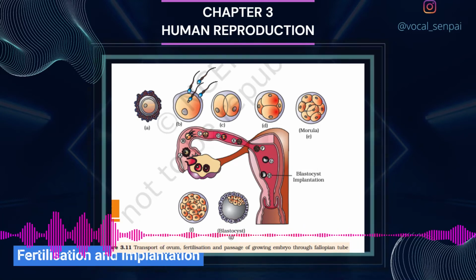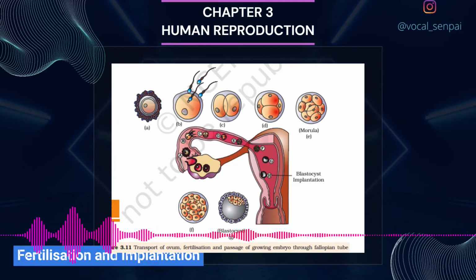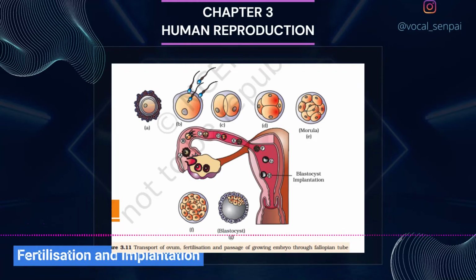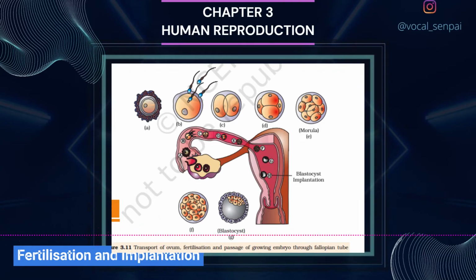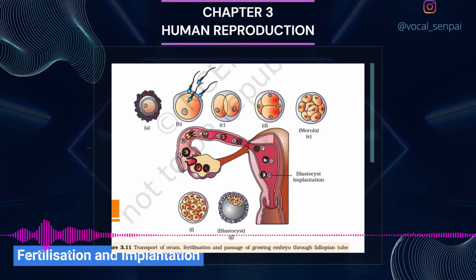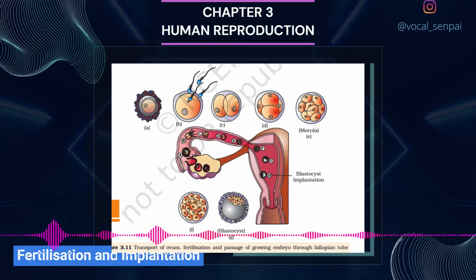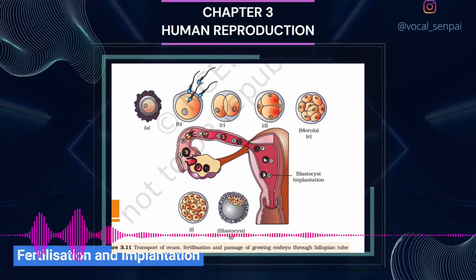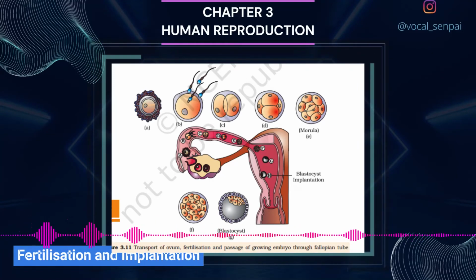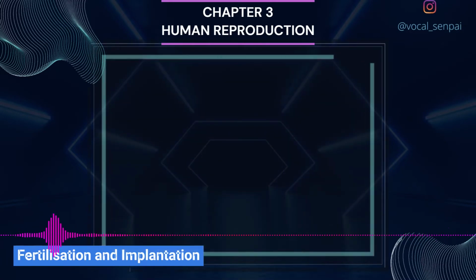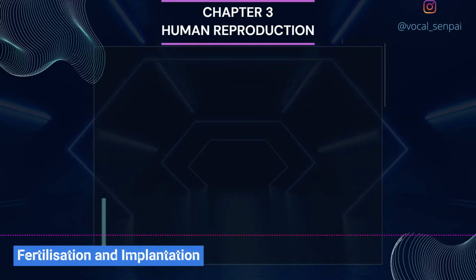The trophoblast layer then gets attached to the endometrium and the inner cell mass gets differentiated as the embryo. After attachment, the uterine cells divide rapidly and cover the blastocyst. As a result, the blastocyst becomes embedded in the endometrium of the uterus, figure 3.11h. This is called implantation and it leads to pregnancy.